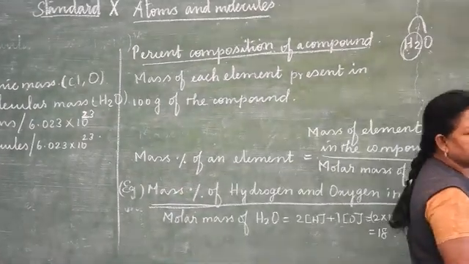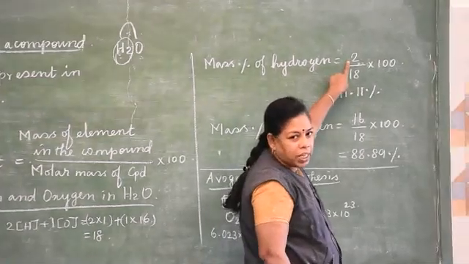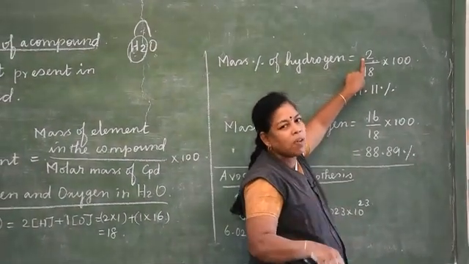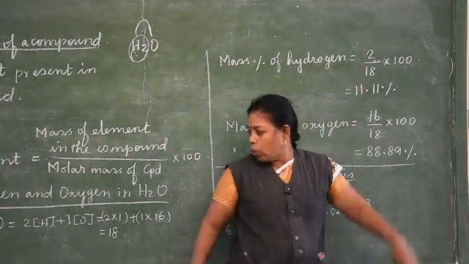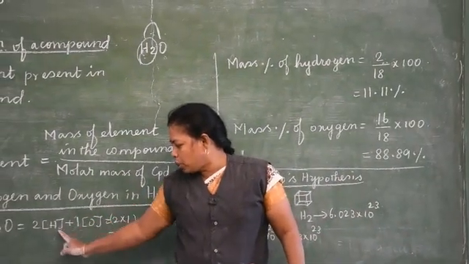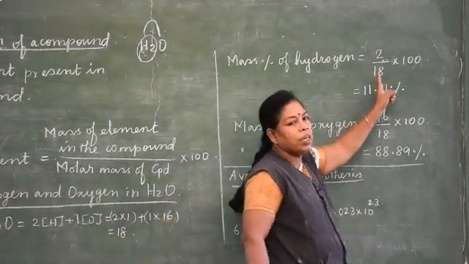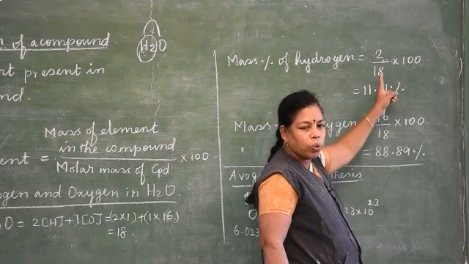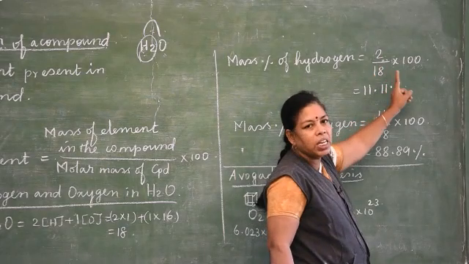Mass percentage of hydrogen is equal to the mass of hydrogen present in the compound, which is 2 into 1, 2, divided by the molar mass of the compound, 18, into 100.